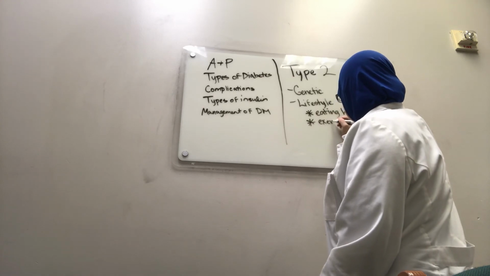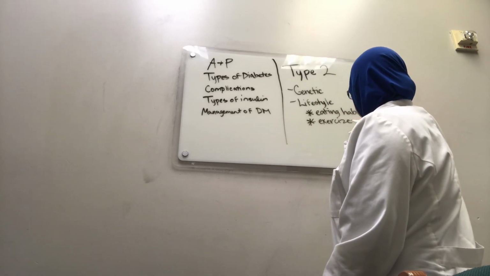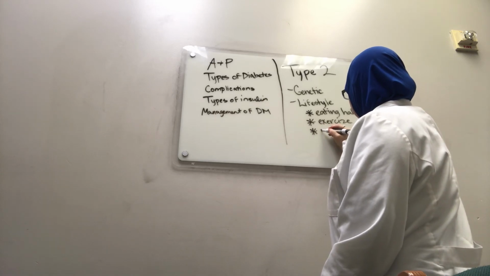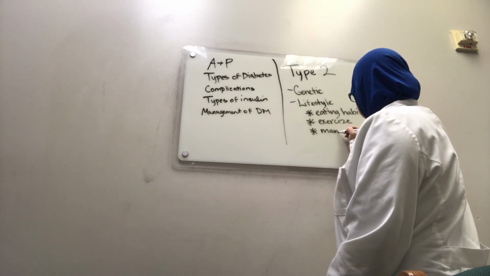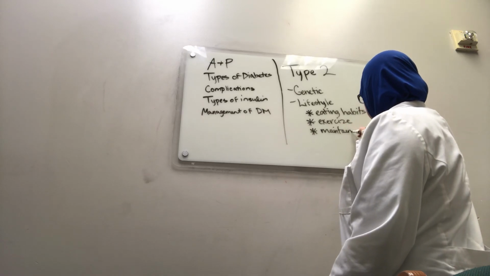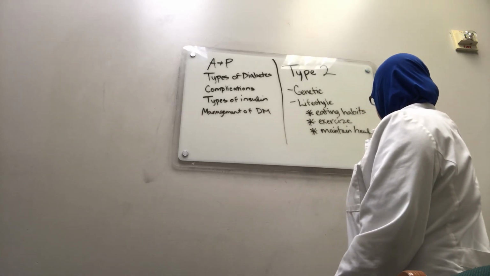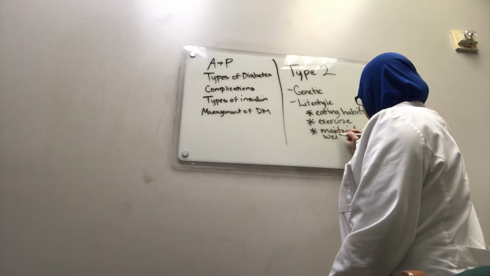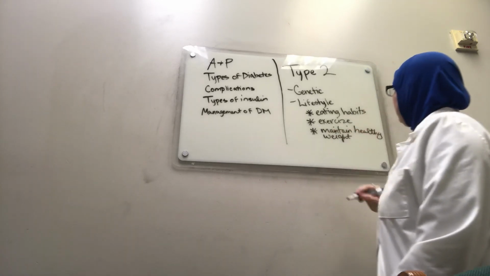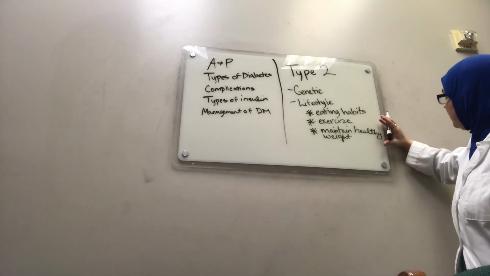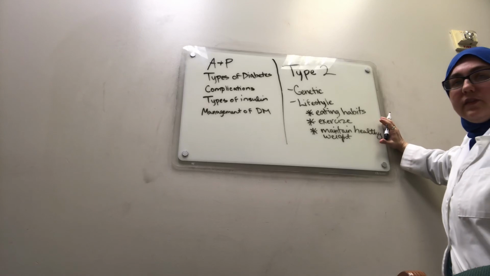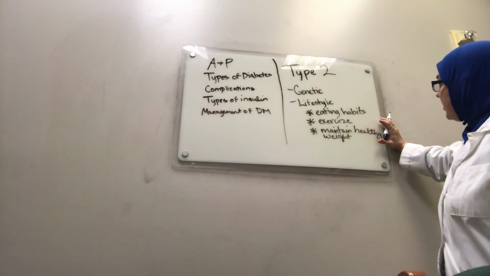Then exercise, and maintaining a healthy weight. Those are all things that you definitely have control over, and you can do the best you can to prevent type 2 diabetes from happening, even if you have a family history of it.